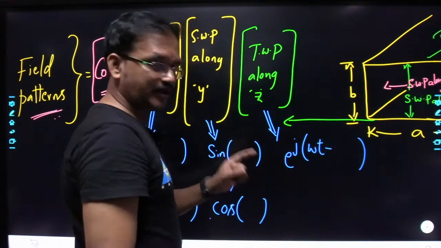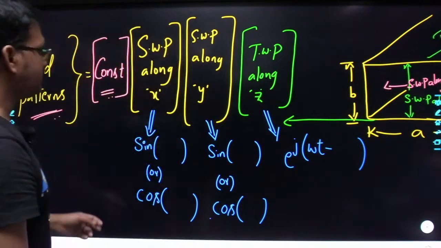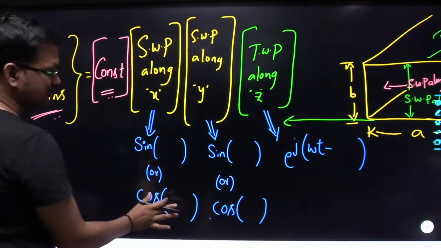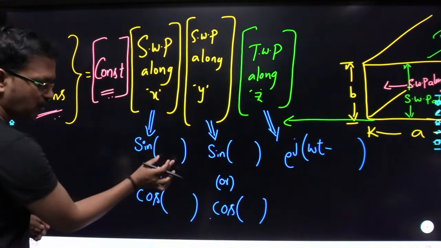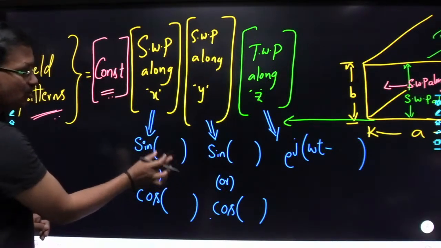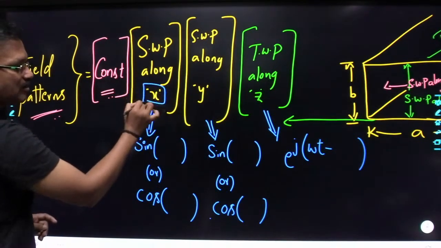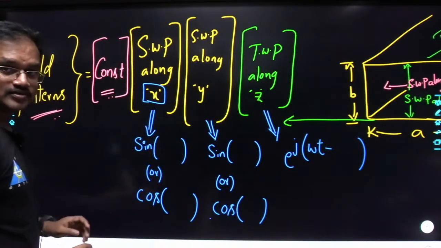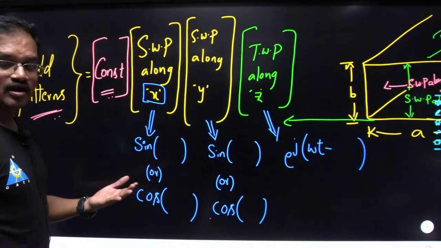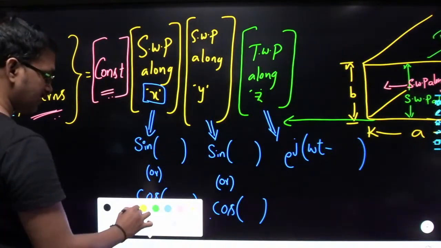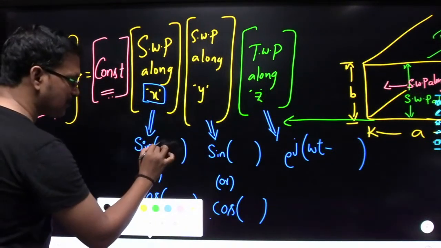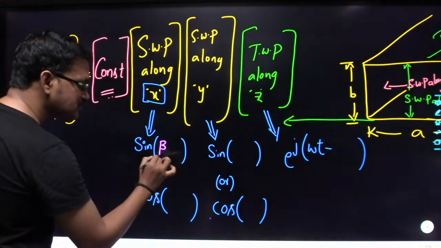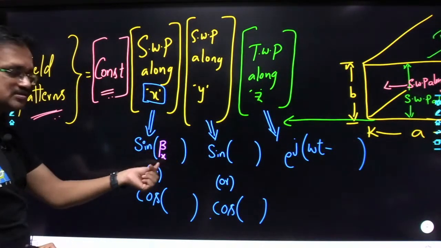Whenever you are representing the standing wave pattern along x, you have to write the change in phase along x. The change in phase along x is nothing but the phase constant along x, which I represent with beta suffix x.